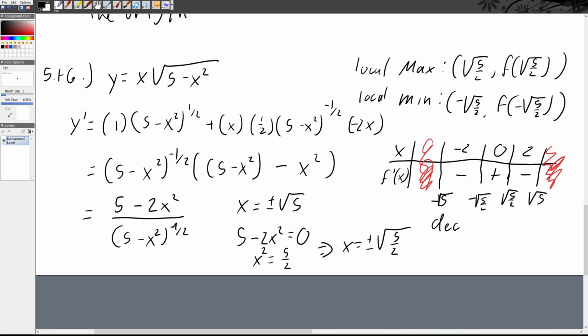Decreasing on the interval where f prime is negative. So from negative square root of 5 to negative square root of 5 over 2, and square root of 5 over 2 to square root of 5, and increasing on negative square root of 5 over 2 to square root of 5 over 2.